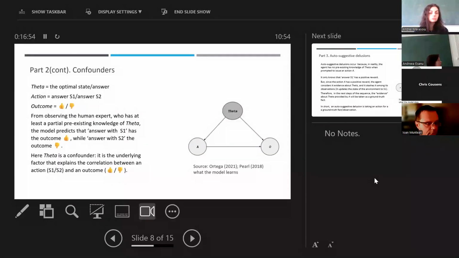If there were no theta, those things would not be correlated, the action and the outcome, okay or not okay. And in this sense, this diagram shows how the optimal answer is, in fact, a confounder. I hope it's clear from the intuitive explanation that I gave. This is Pearl's representation of confounders in causality.